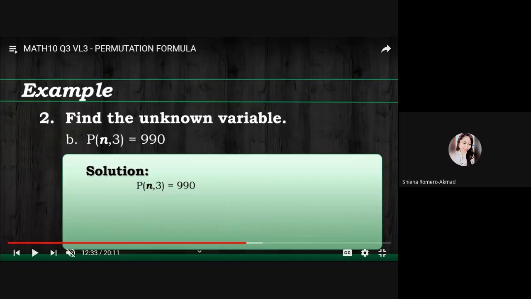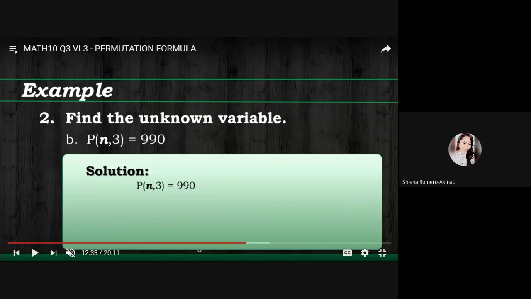So ang gagawin natin dito is, of course, we will use the formula. And the formula is NPR equals N factorial divided by N minus R factorial. Then, substitute natin to. We have permutation of N taken 3 at a time is equal to N factorial divided by N minus 3 factorial.